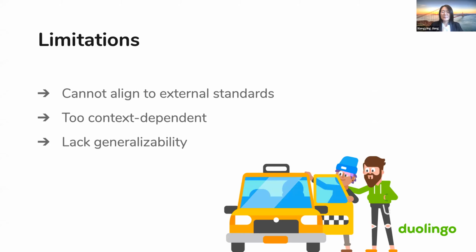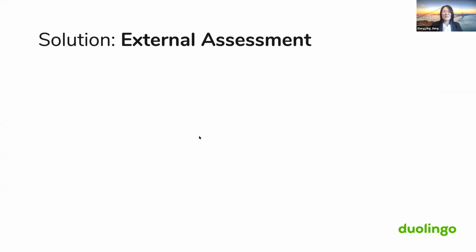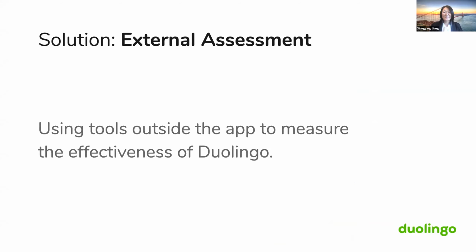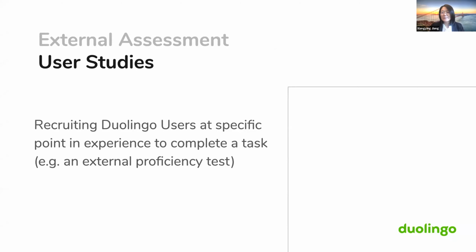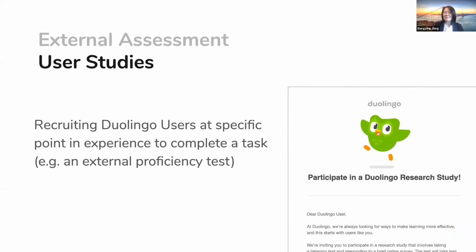So one solution to this problem is to conduct external assessments, so using tools outside the app to measure the effectiveness of Duolingo. So for example, we've been conducting user studies. In a series of studies we have done, we recruited Duolingo users at a specific point in experience to complete proficiency tests offered by external agencies.